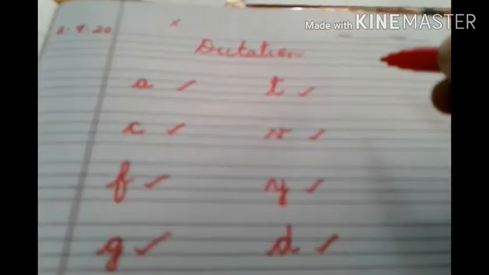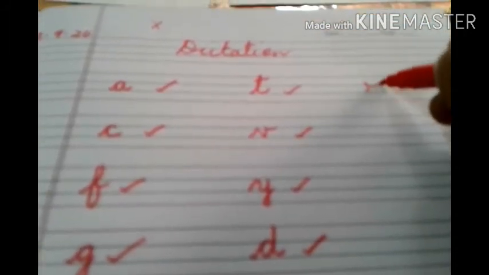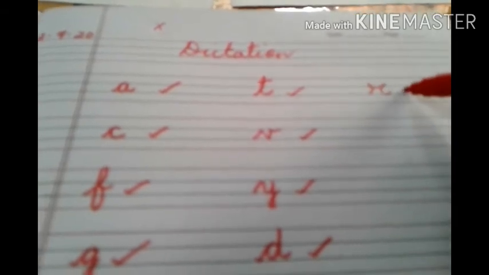Sorry, next letter was R. It was not X. It was R. If you have written R like this, put a tick over there, otherwise put a cross. Now next letter is N. If you have written N like this, put a tick over there, otherwise put a cross. Okay?